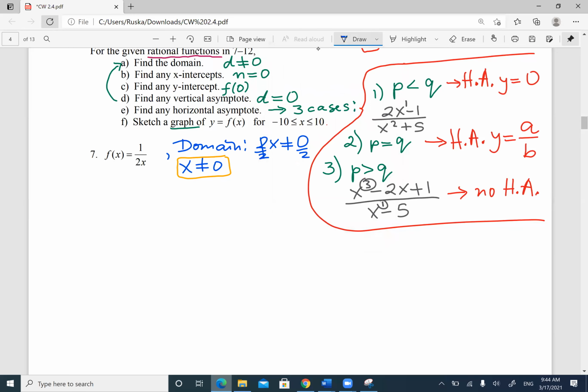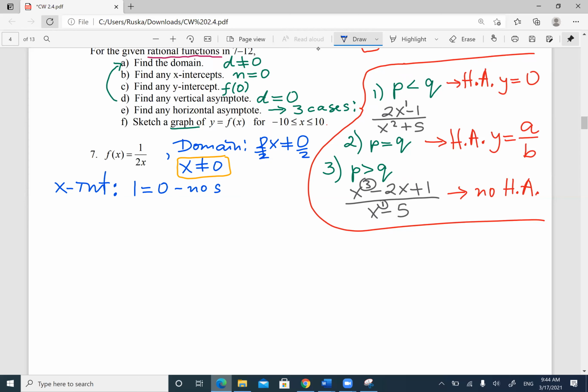Okay, the next step is finding the X-intercept. For the X-intercept, you're going to solve the top equals 0, the numerator equals 0. So the top is 1 equals 0. Is that a solution? 1 is not 0, right? 1 doesn't have x, so that means there's not going to be a solution for this equation.